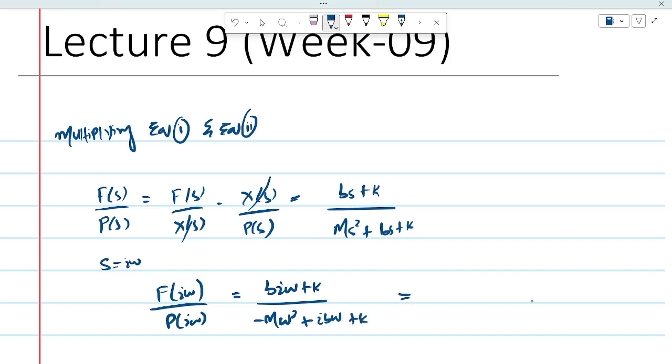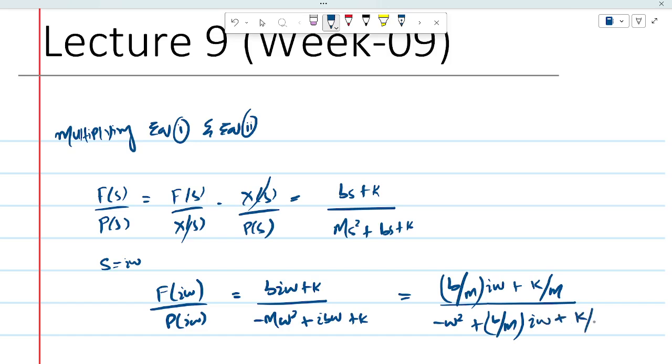We can do the same simplification as we did earlier, just to linearize this one. It will become b over m, that's iota omega, plus k over m, divided by minus omega square plus b over m iota omega plus k over m.